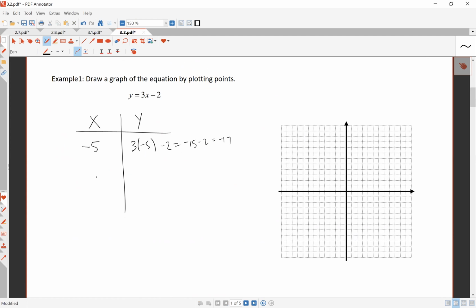So let's try negative 1. 3 times negative 1 minus 2 is negative 3 minus 2, which is negative 5. So we need to make these into an ordered pair to plot them. Negative 1, negative 5.